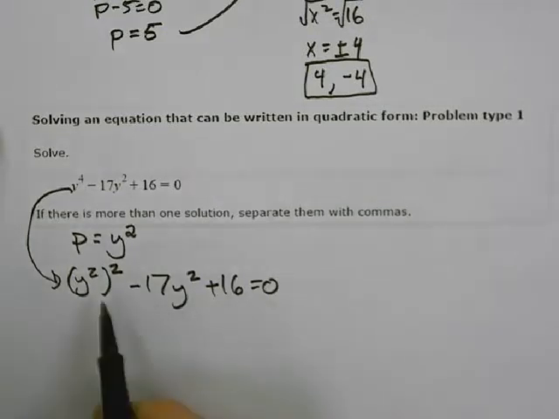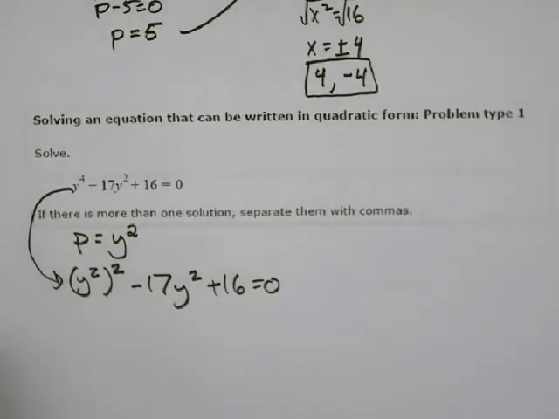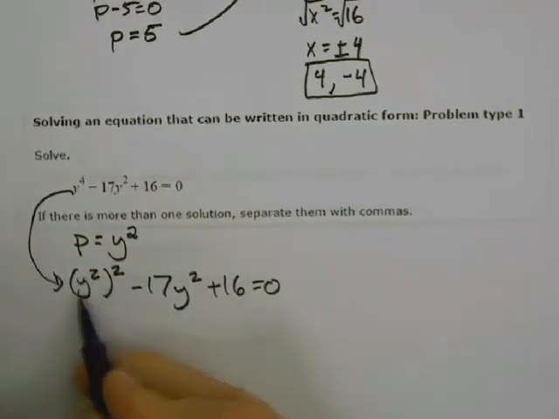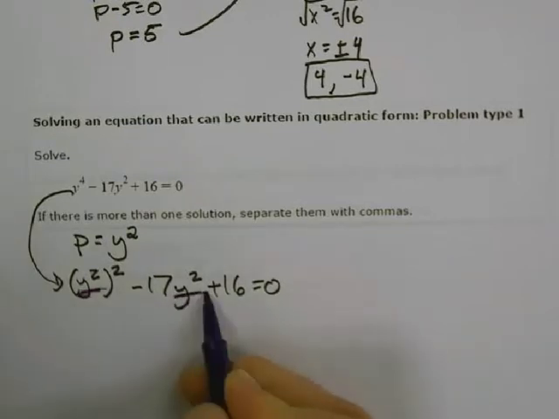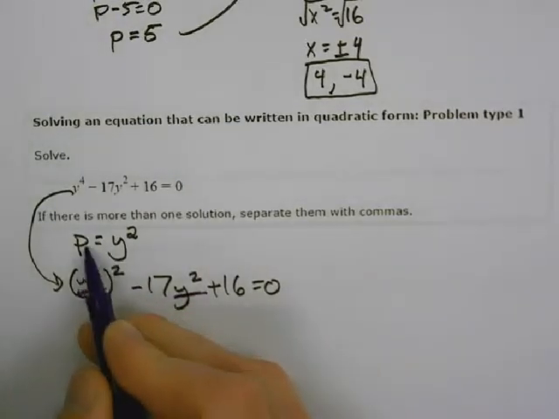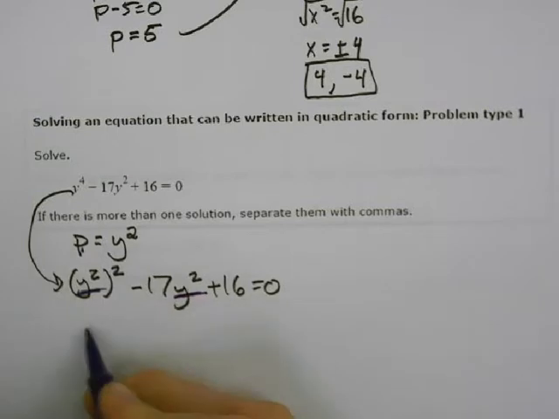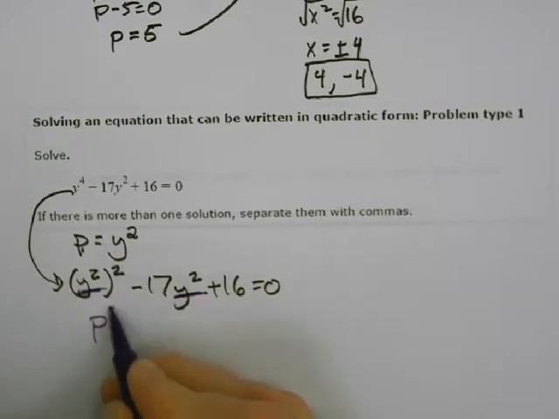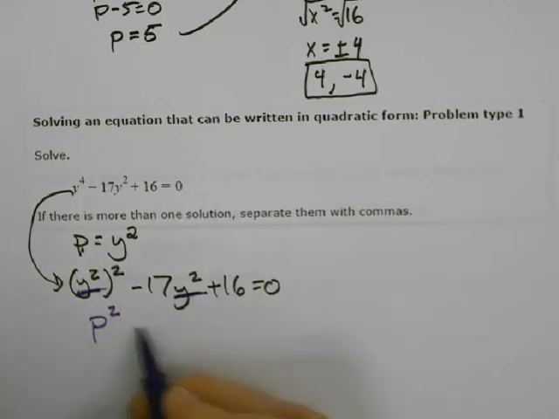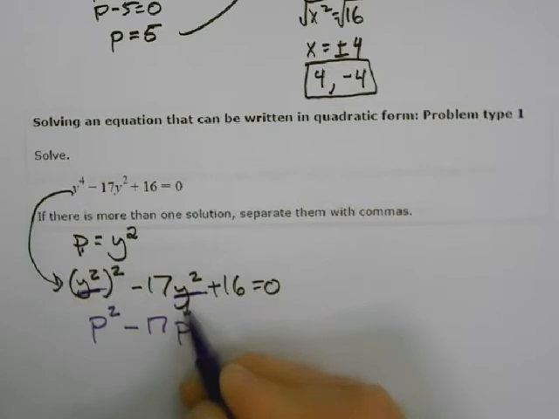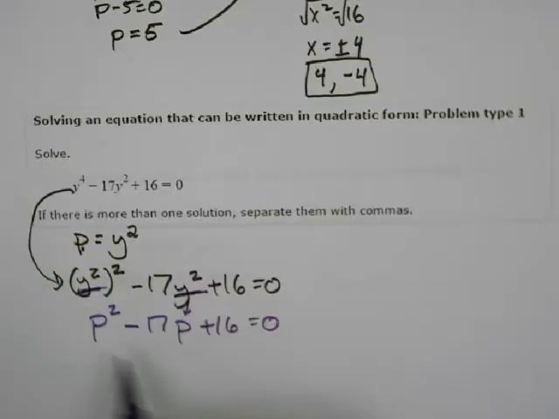I'm rewriting it like that so you can see I have this y squared that pops up twice, so I'm going to replace that with a p again. So it's p squared instead of y to the 4th. I'm going to write p squared minus 17p, because remember, p is y squared, I'm just using substitution, plus 16 equal to 0.